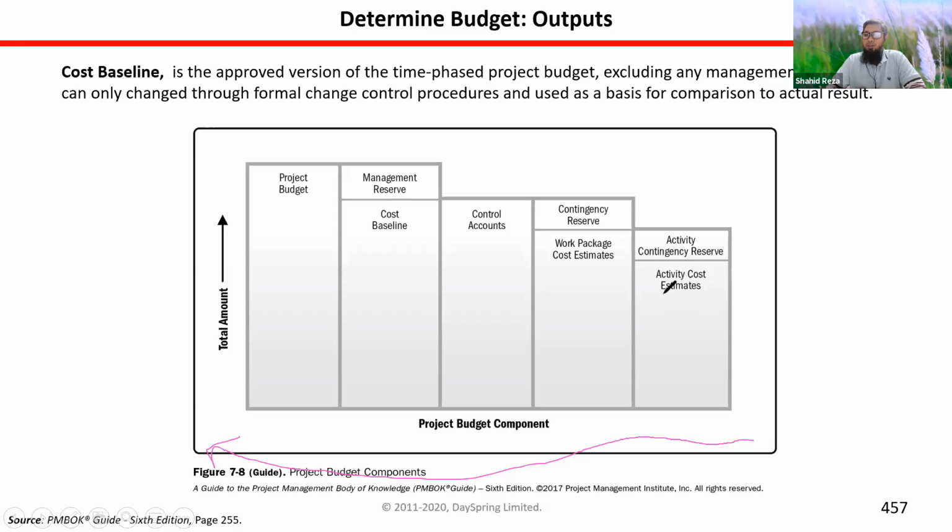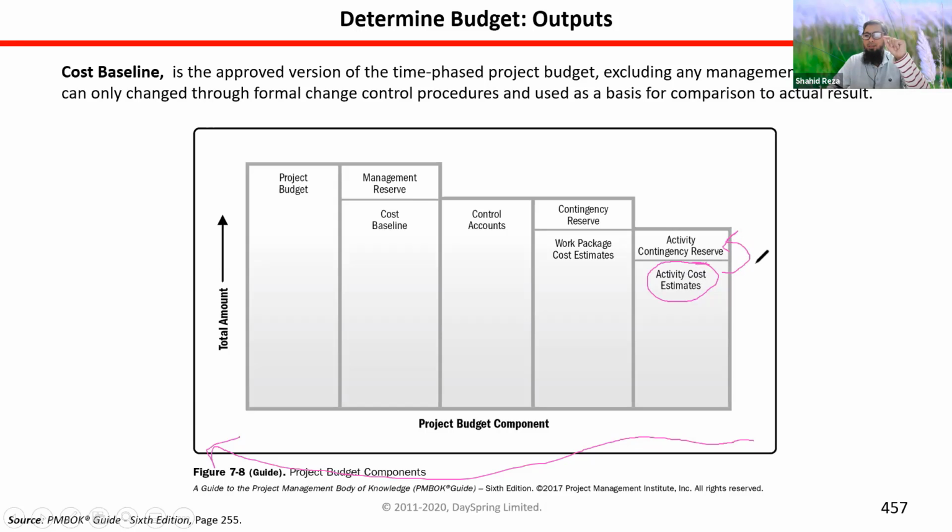Activity estimated cost. That means for every activity we need to estimate cost, right? And with that cost, we also need to add contingency reserve, right? How much extra money we need if there is any risk involved in doing this activity.